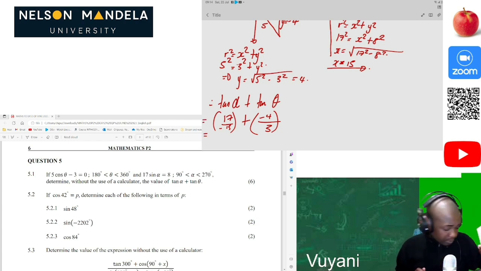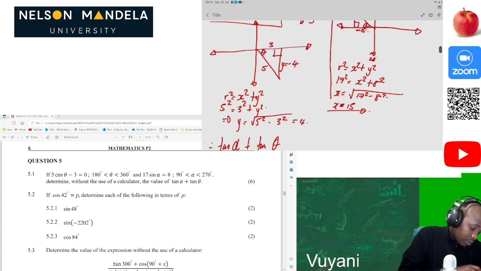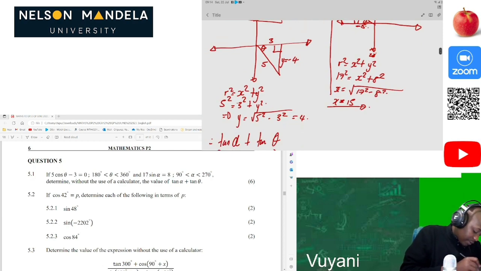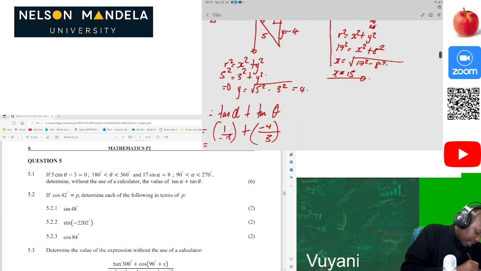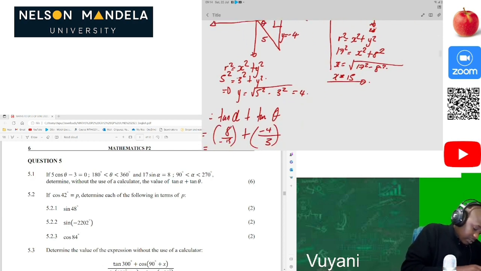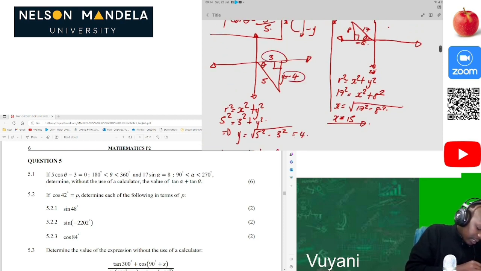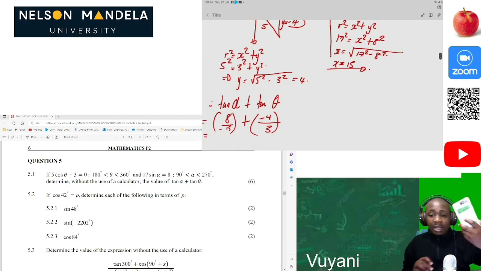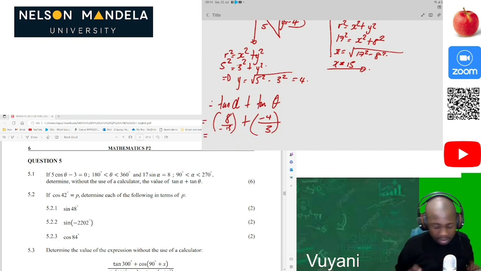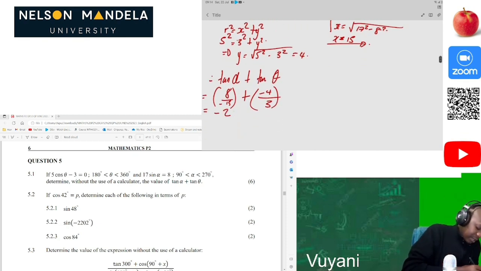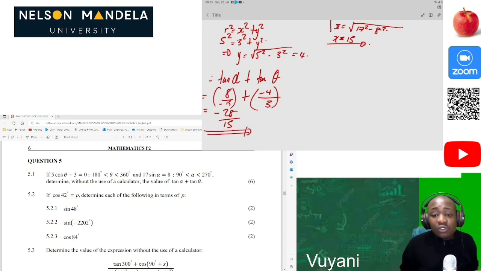Sorry, I used 17. It's supposed to be 8. 17 is the hypotenuse. Let's use 8. So this is the opposite over the adjacent. Then we use our calculator to find the correct answer. On my side, I'm getting negative 28 over 15. Then you are done. This question was so long, but so easy at the same time.